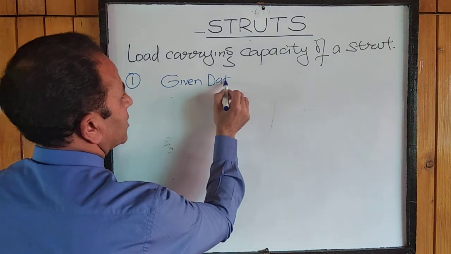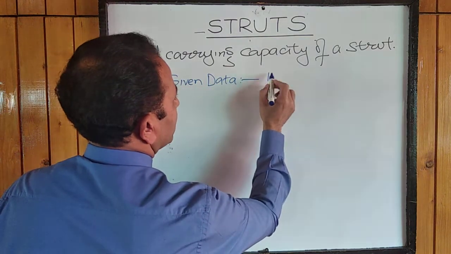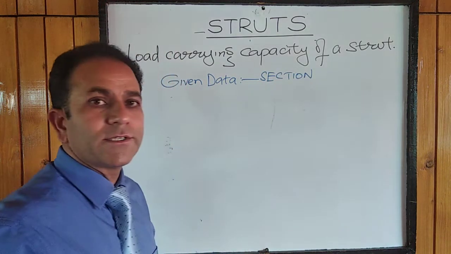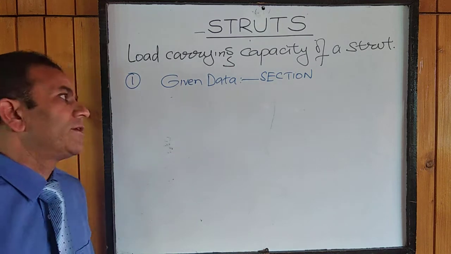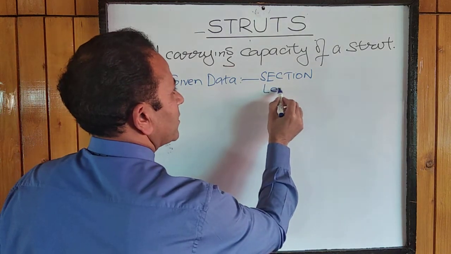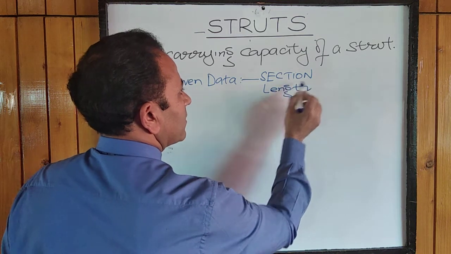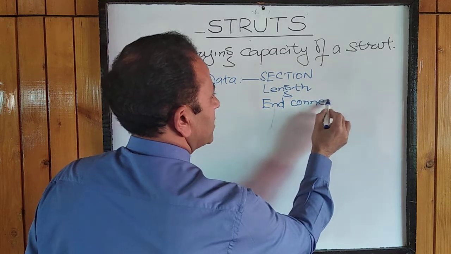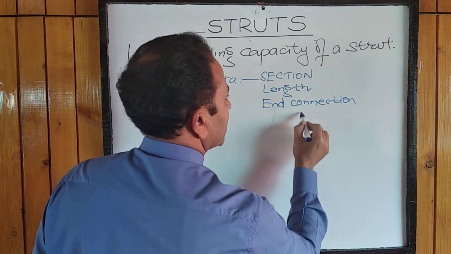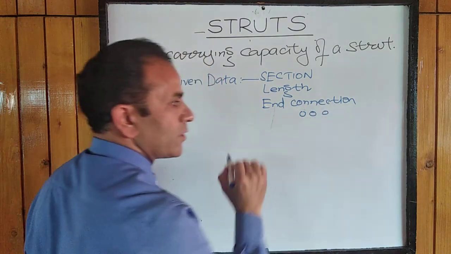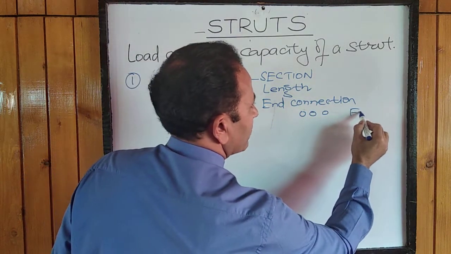The given data shall include the section details, whether it is a single angle or a double angle, and if it is connected on the same side or on either side of the gusset plate, the overall length of the member, and the details of the end connection, whether it is connected by a single rivet at the end, whether it's connected by two or more than two rivets, whether it's connected by a fillet weld.